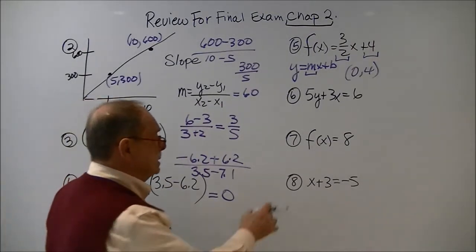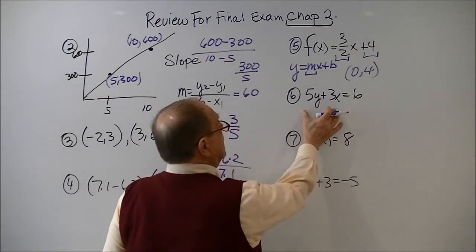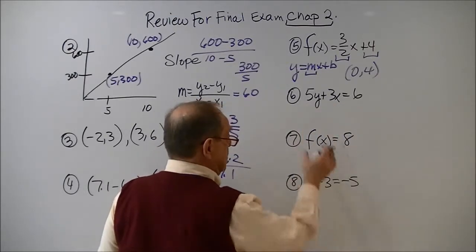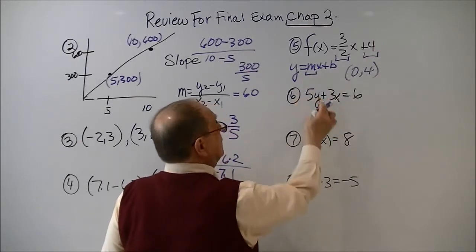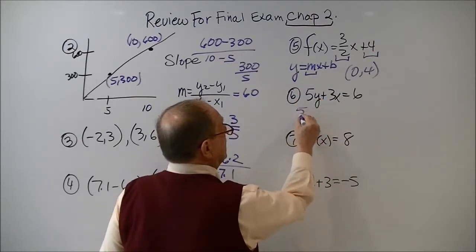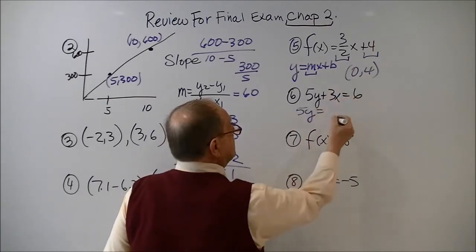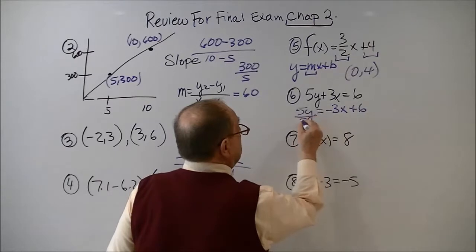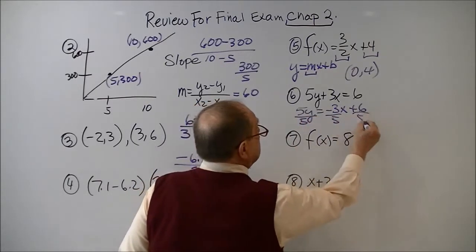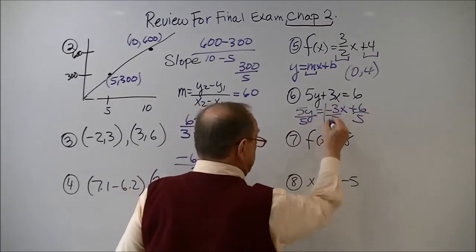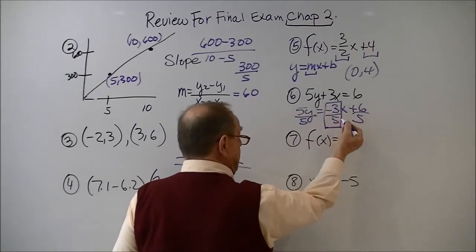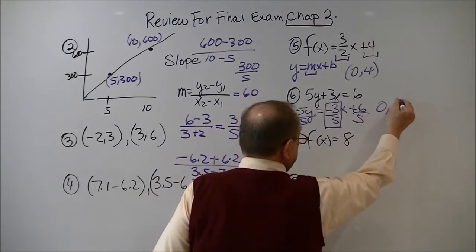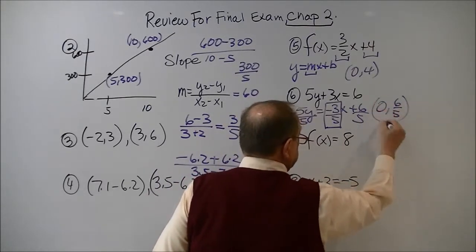For number 6, this one is in standard form, and we're asked to find the slope and the y-intercept. Well, to do that, we have to put it in this form, so we're going to solve for y. 5y, transpose the x, change signs, divide everything by 5, and we get now our slope is a negative 5/3, and our y-intercept would be (0, 6/5).